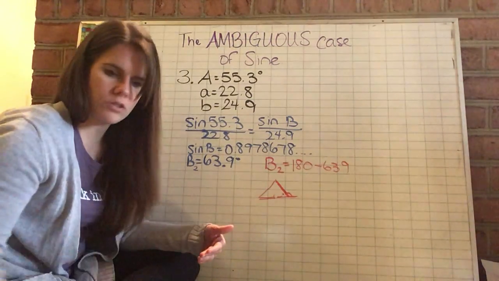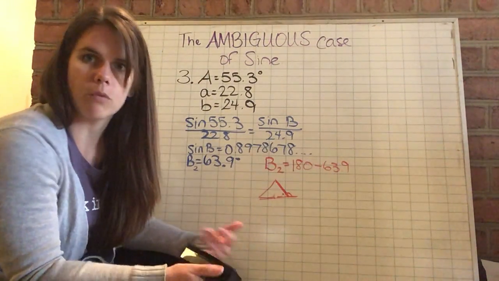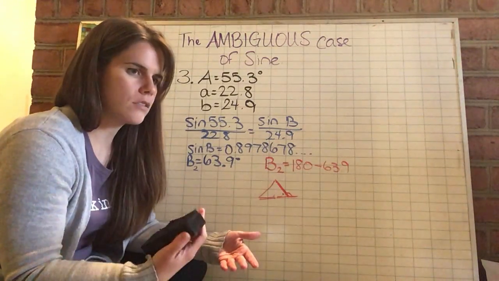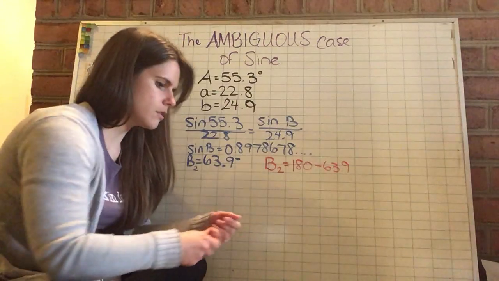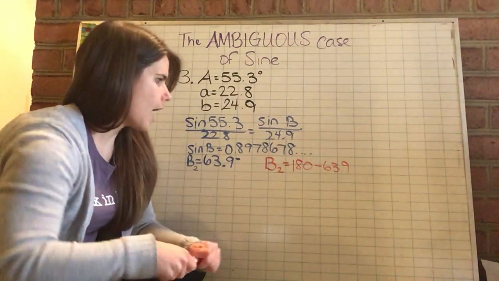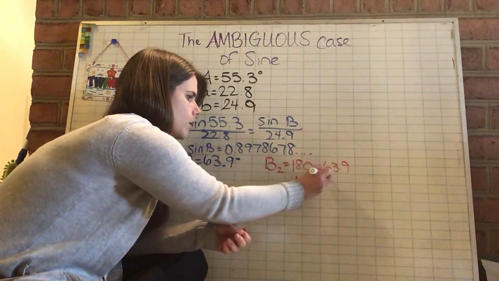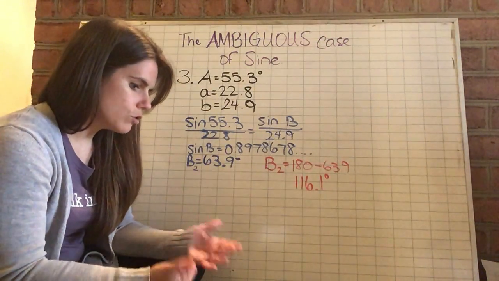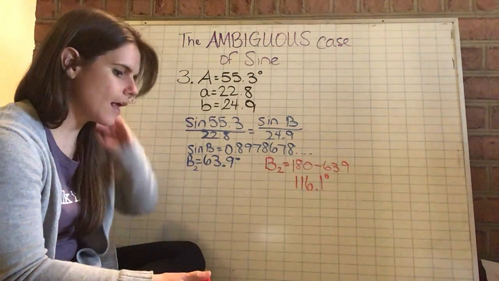Linear pairs, if you remember, are two angles that when you stick them together, they make a straight line. Straight lines, 180 degrees, triangles, 180 degrees. A lot of 180s. So if we subtract that, we get 116.1 degrees.